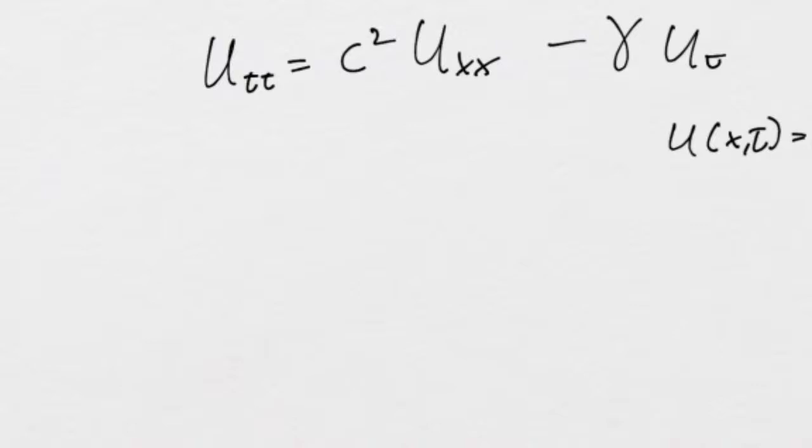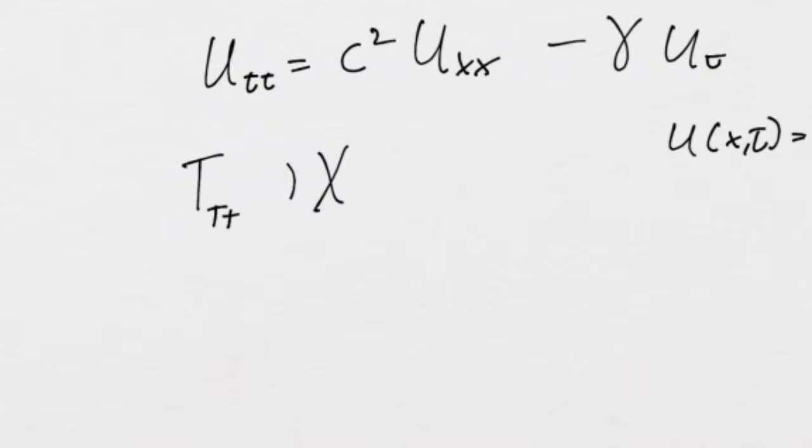So we'll just do the obvious separation. God, it's been so long since I've done this, but we will plug on. The second derivative with respect to t is T double prime of t, and by the product rule, it's that times X.